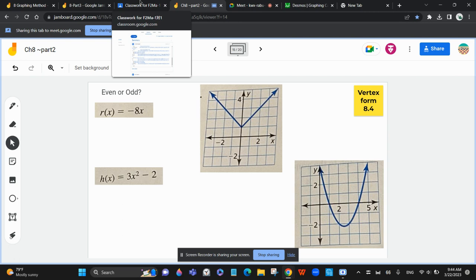And to say it is odd, we need it to be symmetric through the origin.